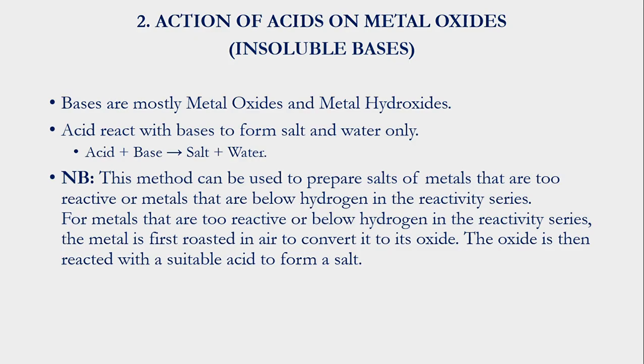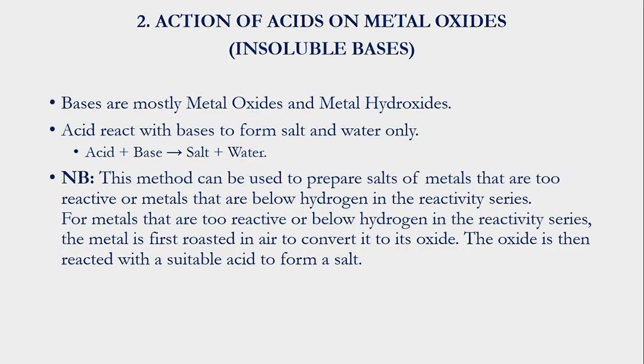So you can see for the second method, we can now prepare salts by reacting the most reactive metals and also those metals that are below hydrogen in the reactivity series with acids.